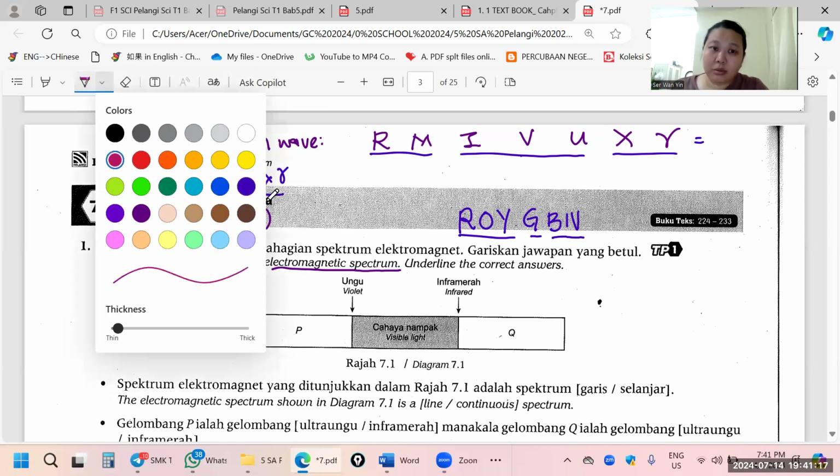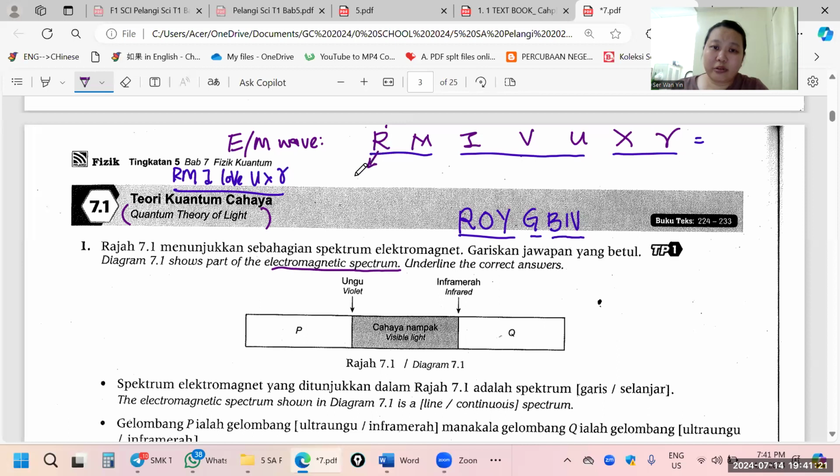And must remember, R stands for radio, M stands for microwave. All of them are EM waves, so all of them have the same speed, which is light speed, c equals 3 times 10 to the power of 8 meters per second. All of them.